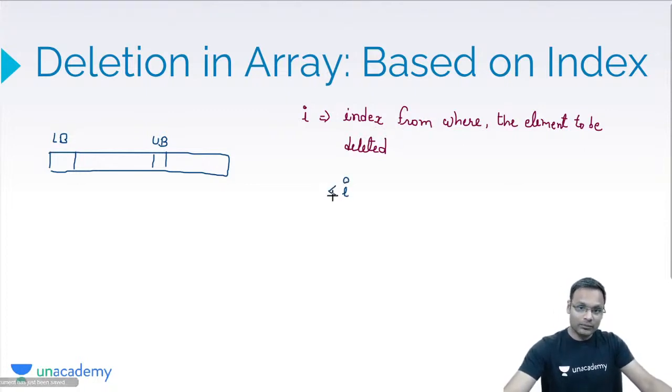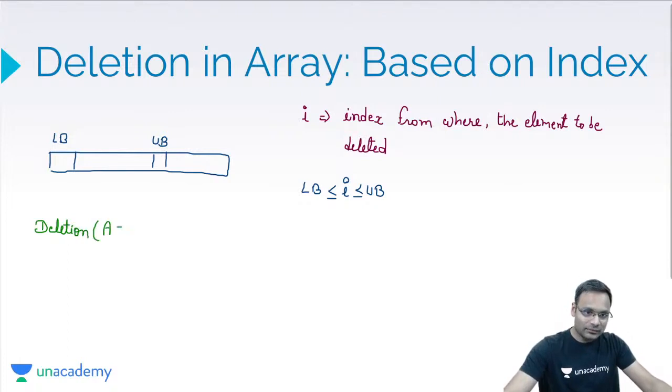I should be greater than or equal to lower bound and lesser than or equal to upper bound, right? So for your deletion algorithm, what will be given to you? You will have of course the array जहां से डिलीट करना है and an index I.